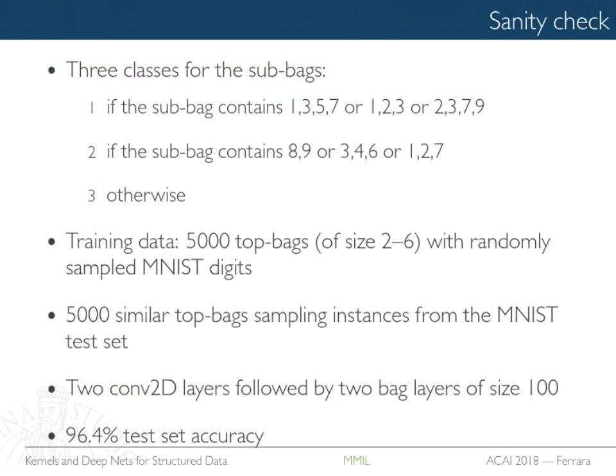It's positive when you have this stuff, or this stuff, or this stuff. It's class 2 if you have this stuff, this stuff, or this stuff. And it's class 3 otherwise. So it's 3 classes. And the entire thing is positive if there is at least a subbag of, maybe, class 2, for example. So you can write this down in logical terms.